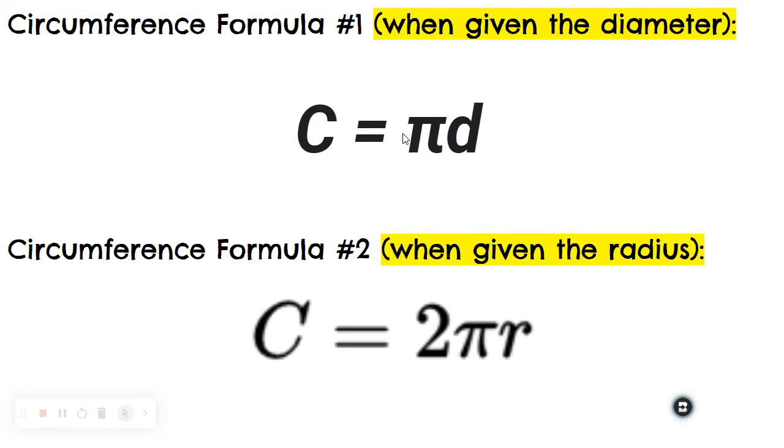You're doing diameter times pi. On this one, you just have to do one extra step. 2 times the radius gives you that diameter. And then you multiply by pi. So if you have the radius, 2 times pi times radius. If you have the diameter, pi times diameter. Make sure you have both of these written in before moving forward. If you don't have them written down, go ahead, pause, write them down, and then press play.